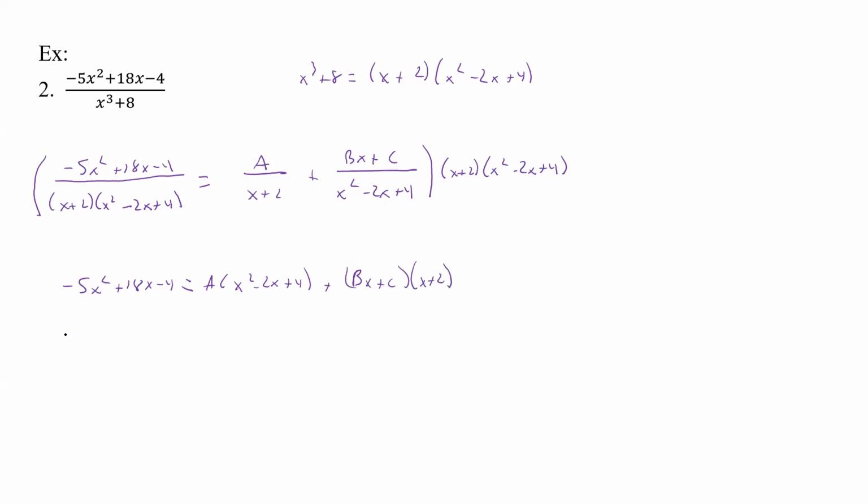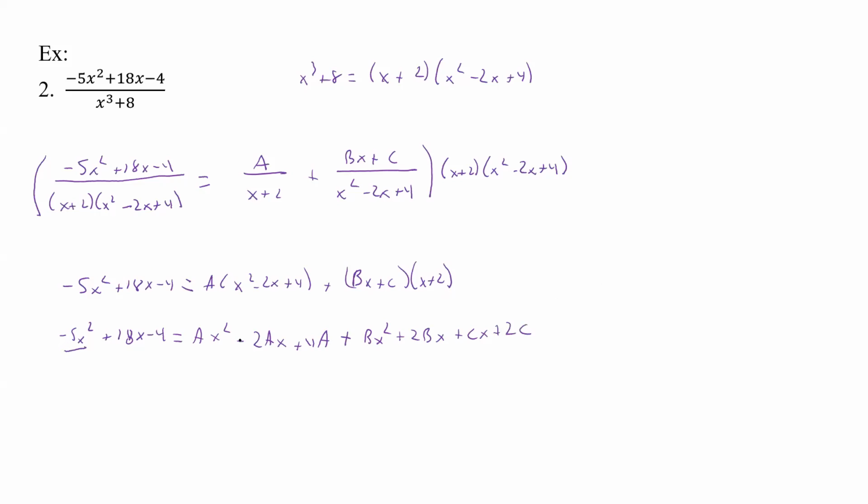Now the left side stays the same, minus 5x squared plus 18x minus 4 equals, now we just distribute here, and that's ax squared minus 2ax plus 4a plus, now we have bx times x, so it's going to be bx squared, then bx times 2, so it's going to be plus 2bx, and then c times x plus cx, and c times 2 plus 2c.